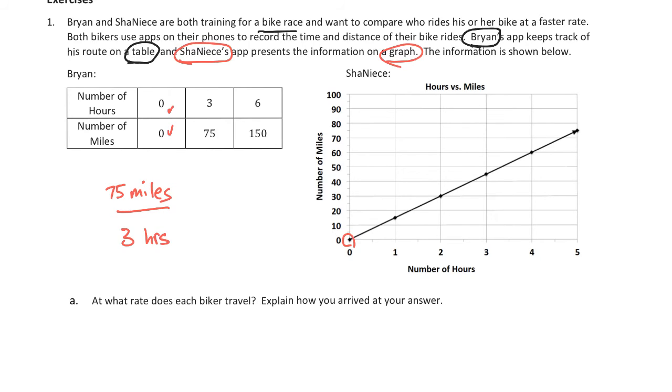For Shanice, we look at 3 hours here, work upwards, and then work across. What we can see is she has gone 45 miles over 3 hours.